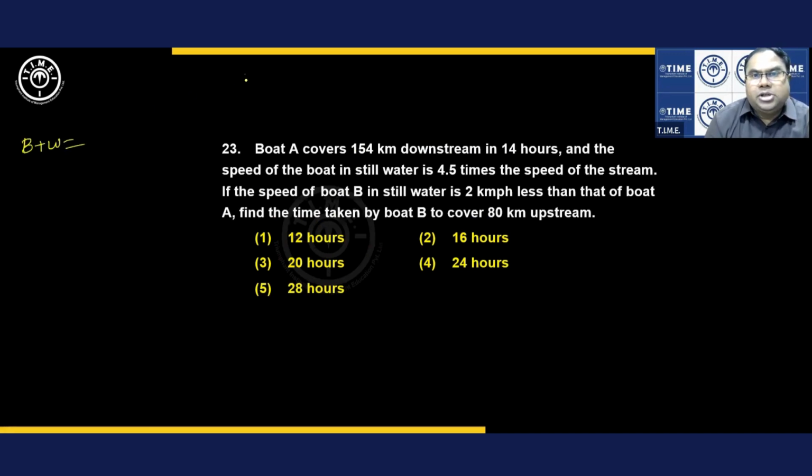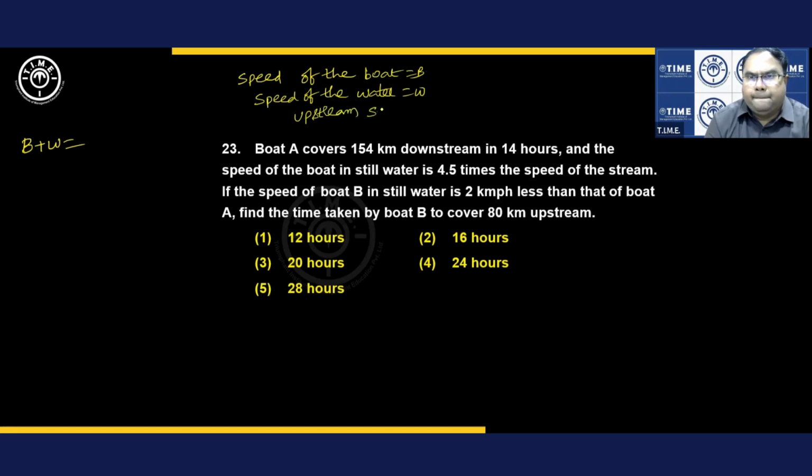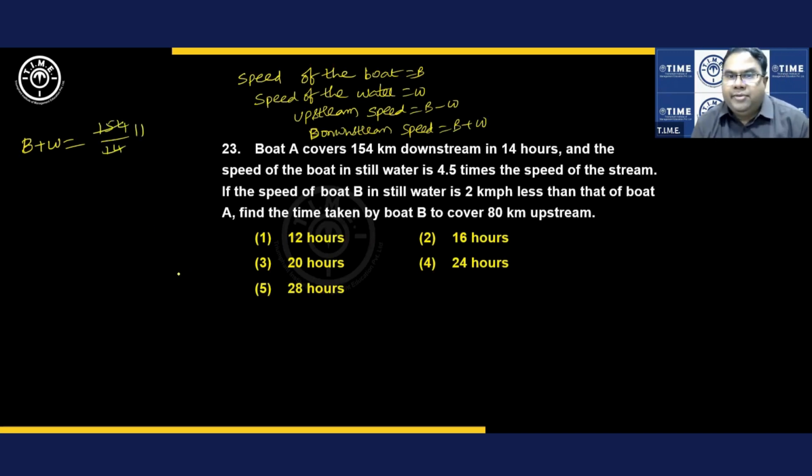B plus W. Speed of boat, B. Speed of the water, W. Upstream speed, B minus W. Downstream speed, B plus W. So downstream speed is B plus W. Distance 154 in 14 hours. It is B plus W, 11.